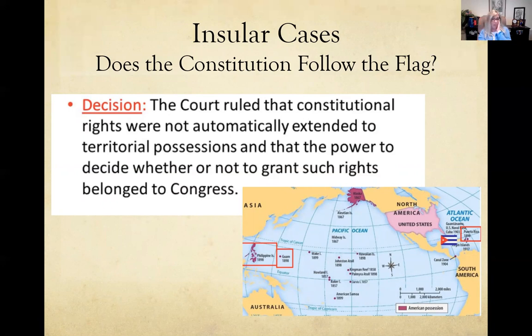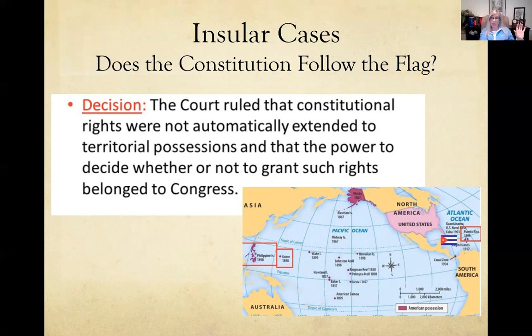And I would put an emphasis in your notes about this. Look what it says. The court ruled that constitutional rights are not automatically extended to territorial possessions, and that the power to decide whether or not to grant such rights belonged to the Congress. So they kind of go back to the way states were added from the previous territories that had come into the United States.